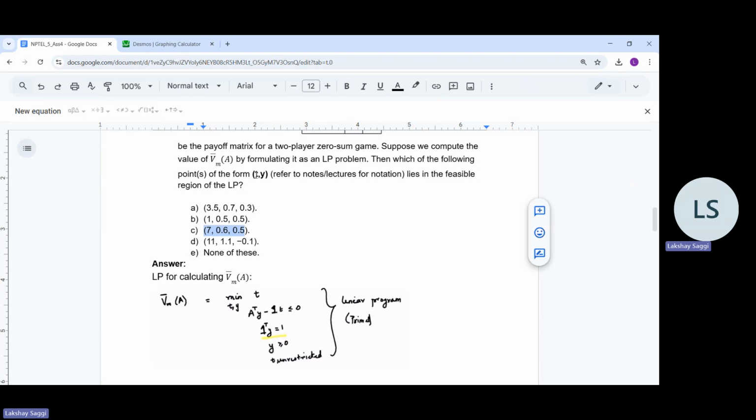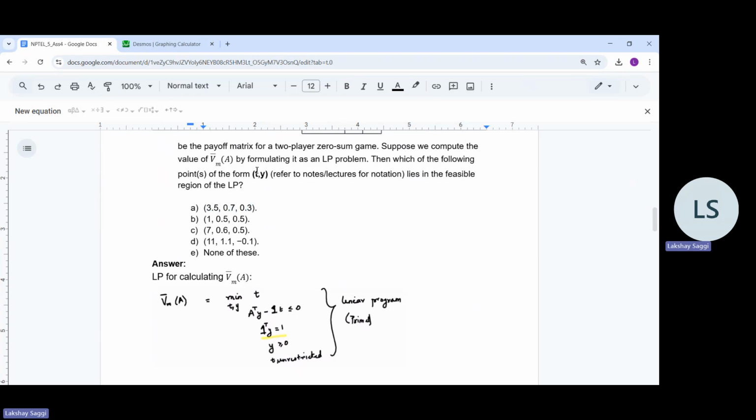And note that we are given the values of the form t comma y, but these are 3 dimensions, and t and y are just two variables. It's easy to see that t will just be a scalar, so t is the first value of these 3-dimensional vectors, and y is a 2D vector.